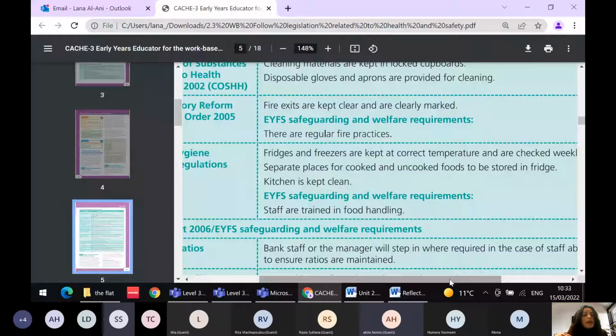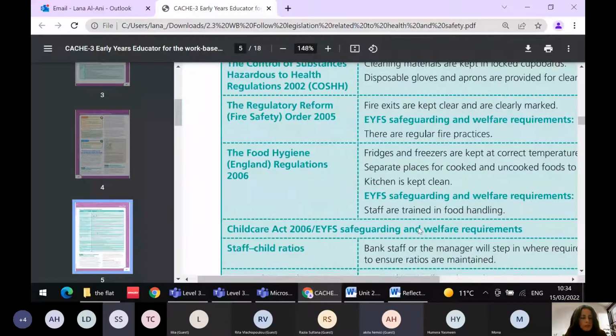There is always a fire practice for us to follow. We always need to have fire equipment, and a person who is fire trained. So if there is any fire, they know how to use the extinguisher and how to get the staff out. So all this is needed for us to do.